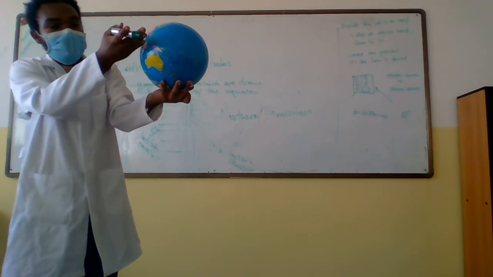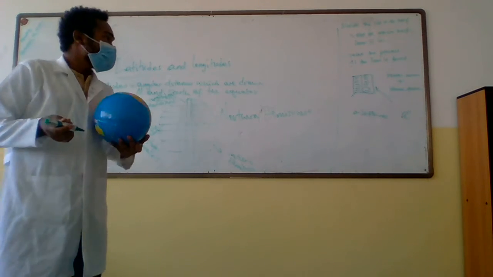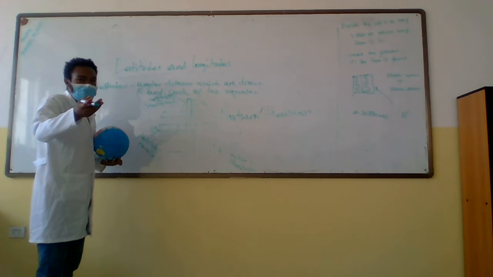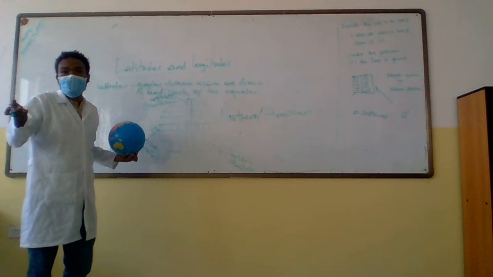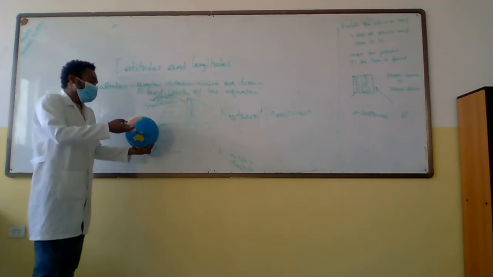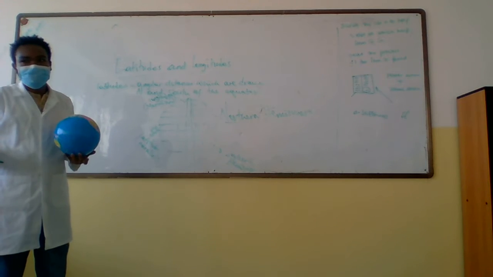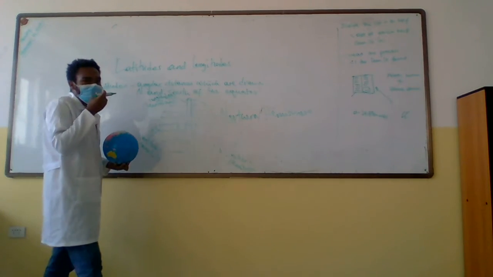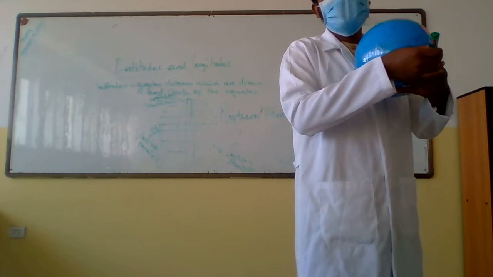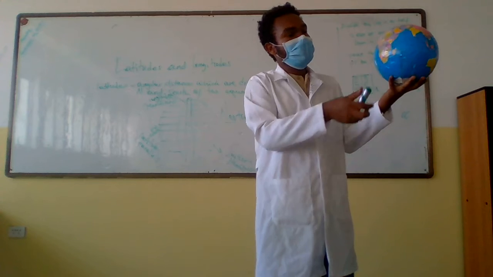The southern hemisphere refers to areas south of the equator. The Earth is bisected only in an imaginary way. In actual fact, there is no bisection, rather it is spherical. So the Earth is bisected by the equator into two, forming the northern and the southern hemisphere. The line that bisects the Earth into two is called the equator.